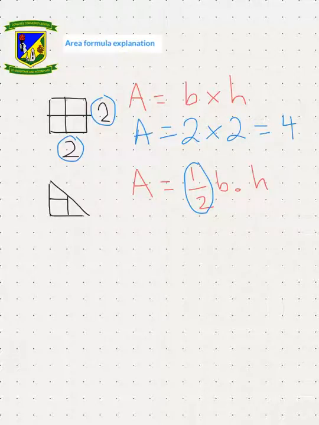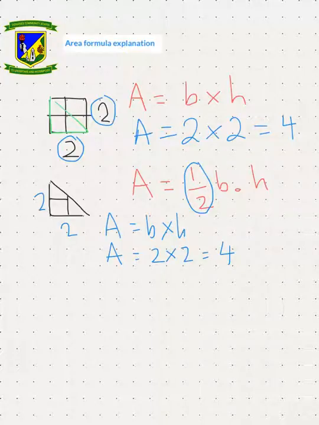Well, as you can see from the two shapes I've drawn, the square and the triangle, this triangle is sort of like the square that has been cut in half. Okay? So if I had used the formula for the area of a square, which was the base times the height, in this example, which is also 2 by 2, I would have calculated the area as being 2 times 2, which is 4.